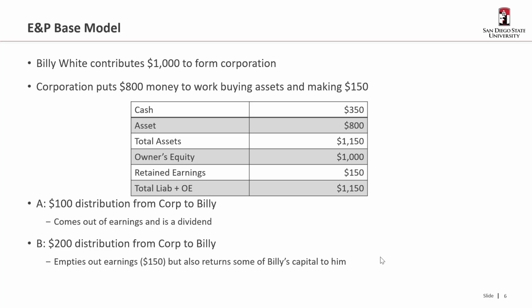Well, the only activity that this corporation engaged in was a contribution of capital. And so once I've exhausted all of the earnings of the corporation, the presumption has to be that I'm giving Billy some of his money back, right? Some of the $1,000 that he contributed, I just gave him $50 back. So this is this notion of a corporate distribution is a dividend to the extent it comes out of earnings.